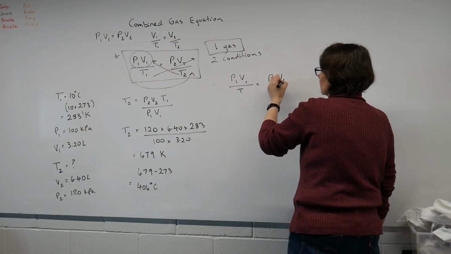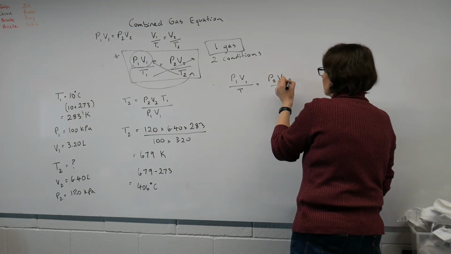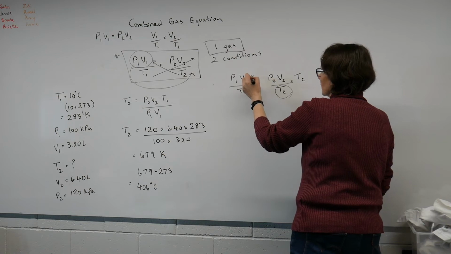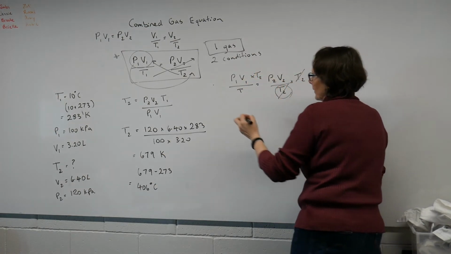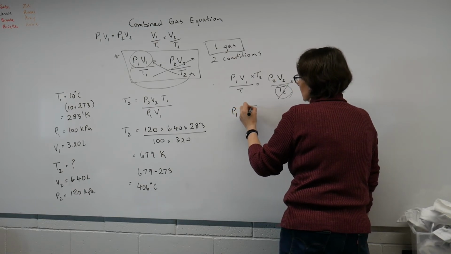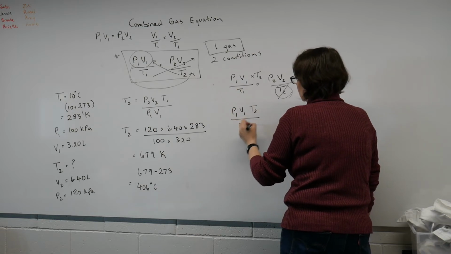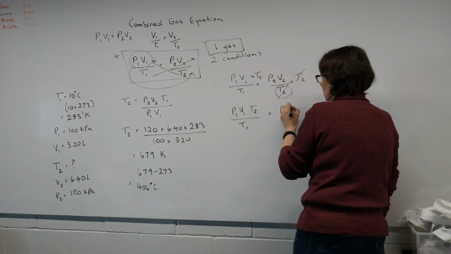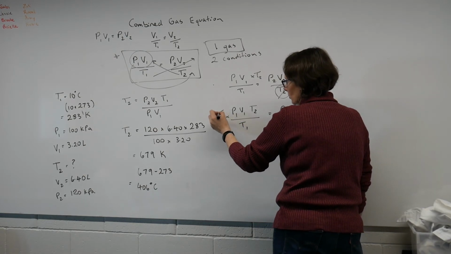So if I want T2, P1 V1 on T1 is equal to P2 V2 on T2. To get T2 from the bottom, I'm going to multiply both sides by T2. They cancel out, and what I have then is P1 V1 T2 divided by T1 is equal to P2 V2. So now I'm going to multiply both sides by T1.